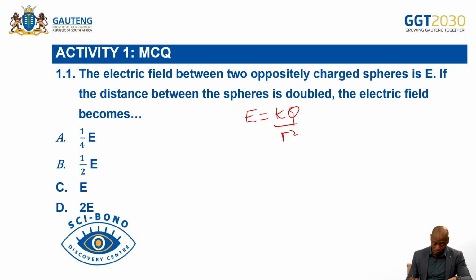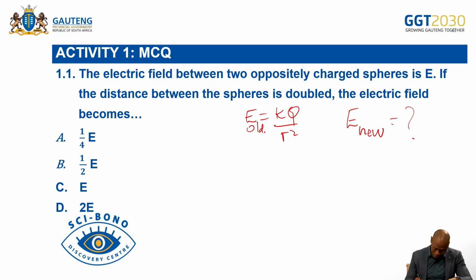If the distance is doubled, what would be the new electric field? This is the old electric field, kQ over r squared. Let's calculate the new electric field.